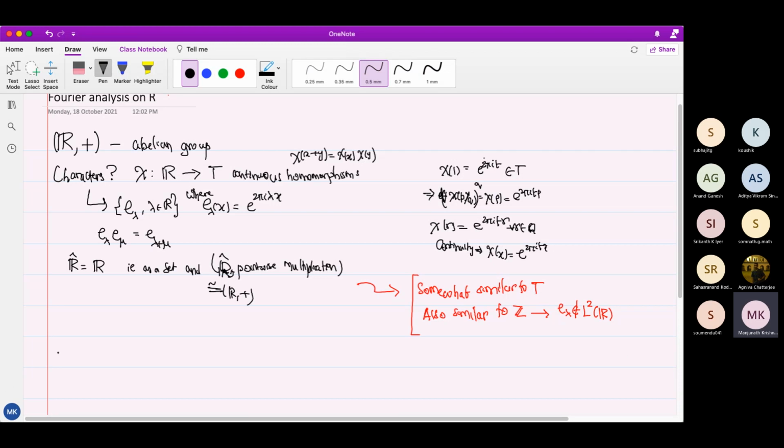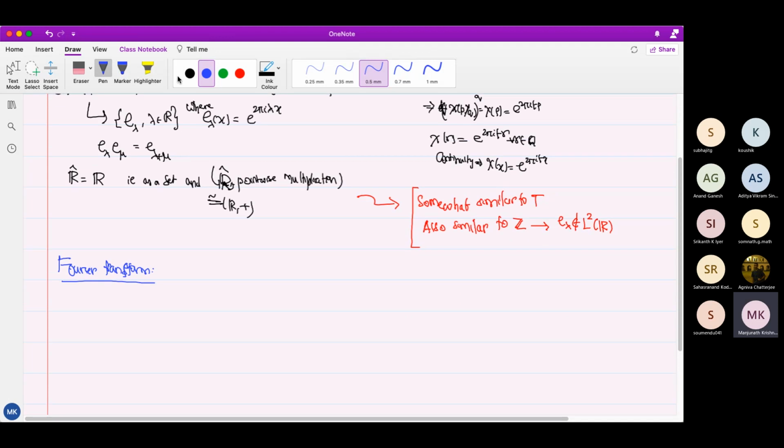So what is the Fourier transform? How is the Fourier transform defined? It is not defined for L2 functions. I cannot define it for L2 functions, but it is more natural to do it for L1 functions, just like we did in the case of the integers.